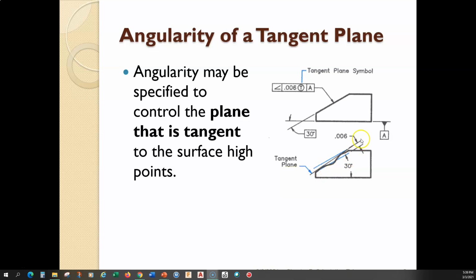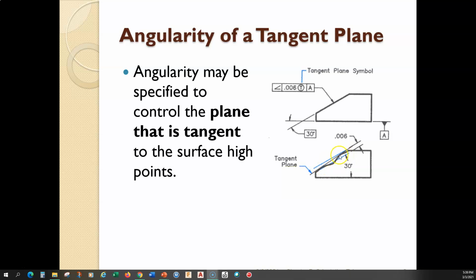Okay, so now look at this interpretation drawing. Here you can clearly see the surface that we're trying to control comes down below and outside of the tolerance zone, the 6 thou tolerance zone. But the tangent plane that we would lay across the high points on this surface still falls within the 6 thou tolerance zone.